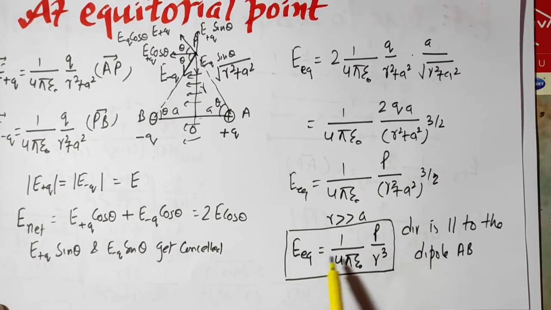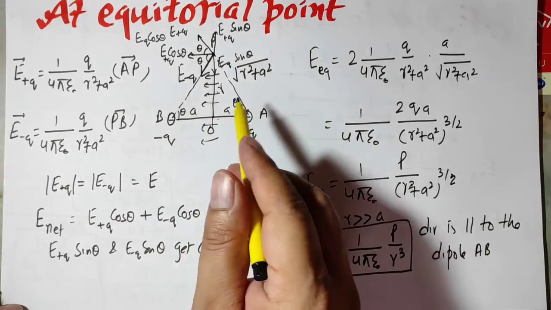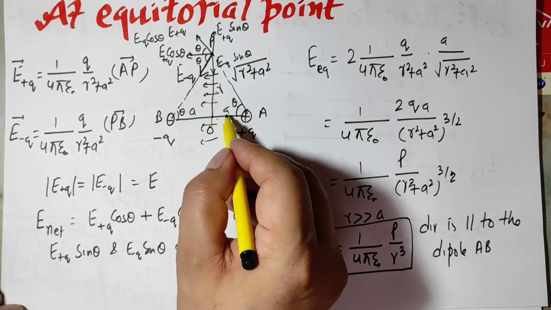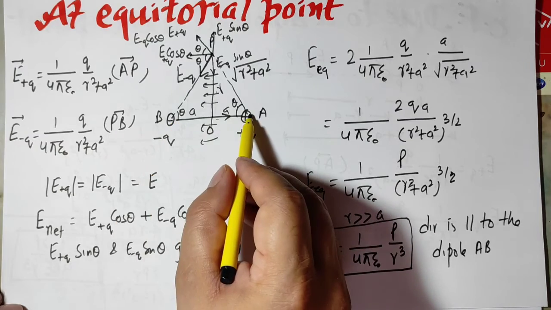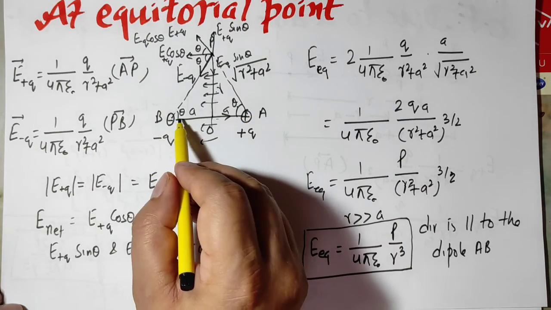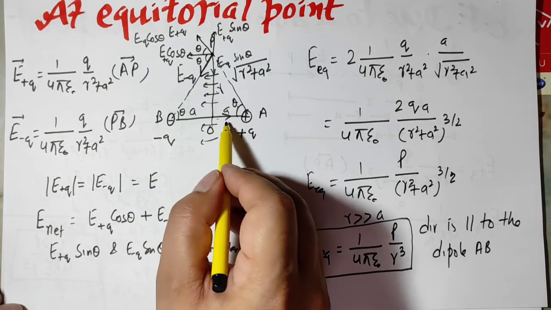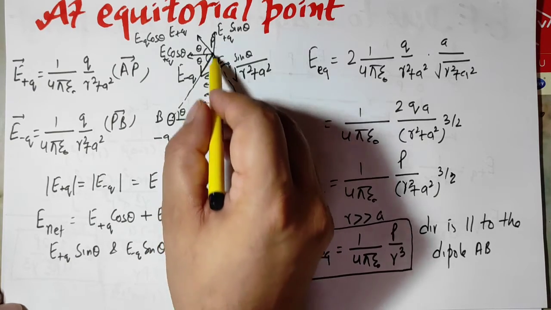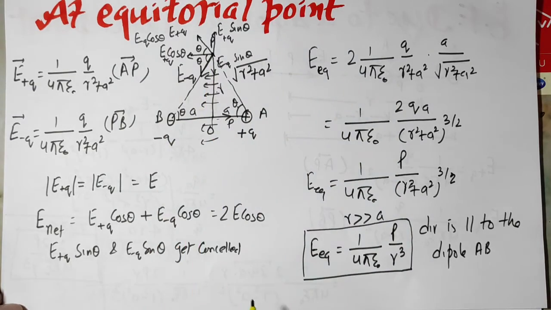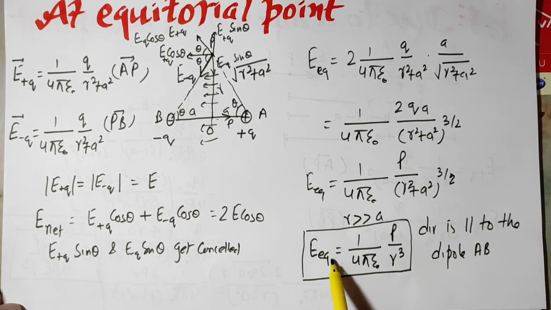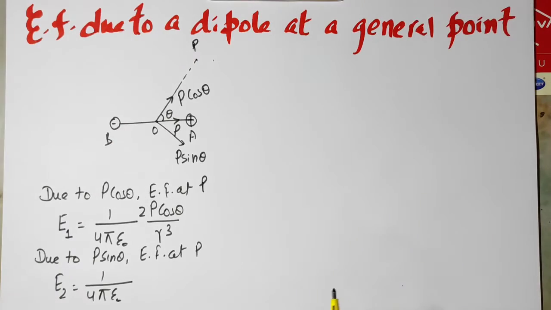You know equatorial position, you remember this? So now this is a dipole, and direction of this is this. Due to this, this is the direction of dipole moment, but since it's equatorial position, the electric field is this, and we are going to write p sin theta upon r cube. Okay, is it good? Convinced?